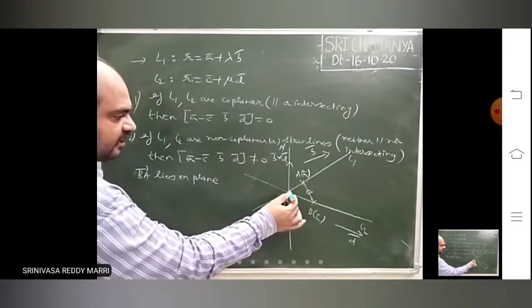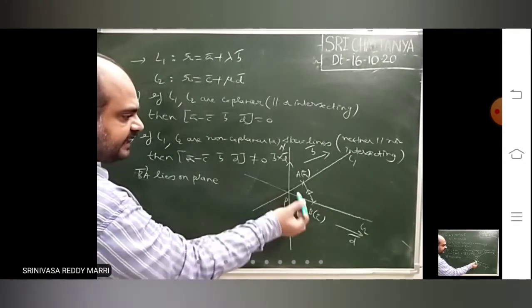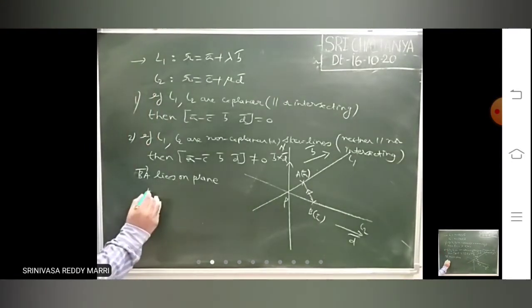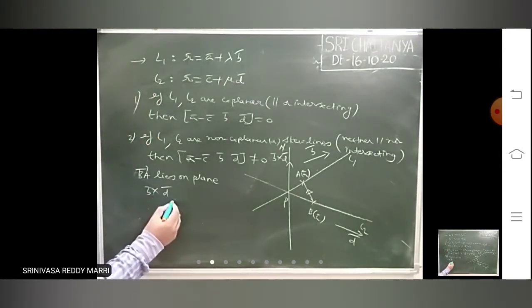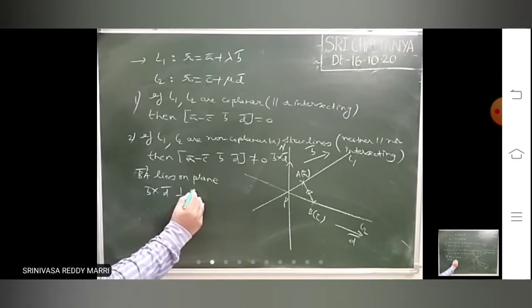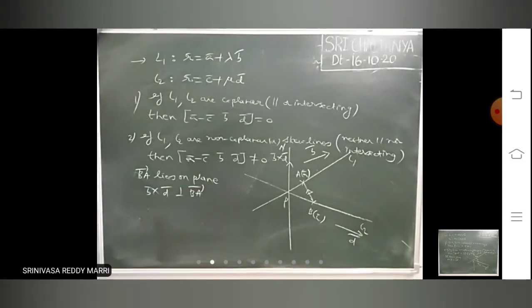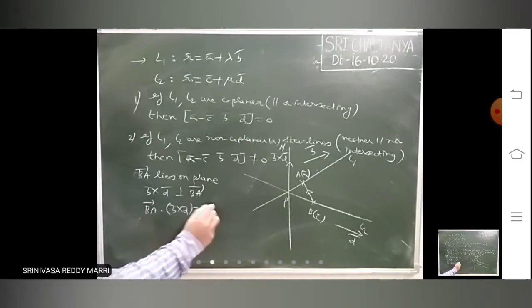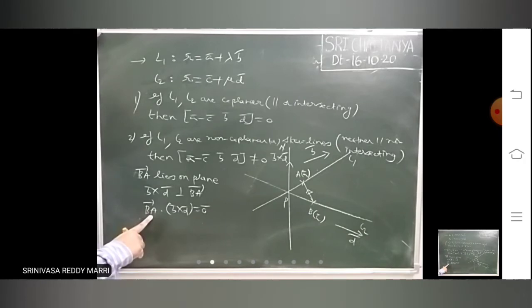This normal will be perpendicular to each and every vector on the plane. That means b bar cross d bar is perpendicular to BA bar, because this vector is in the plane. That means, what is the condition? Their dot product will be 0. What is BA bar? OA bar minus OB bar.